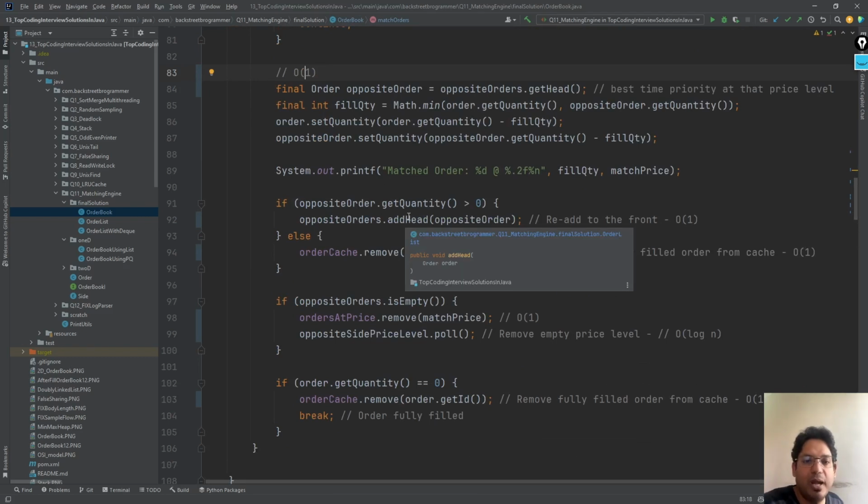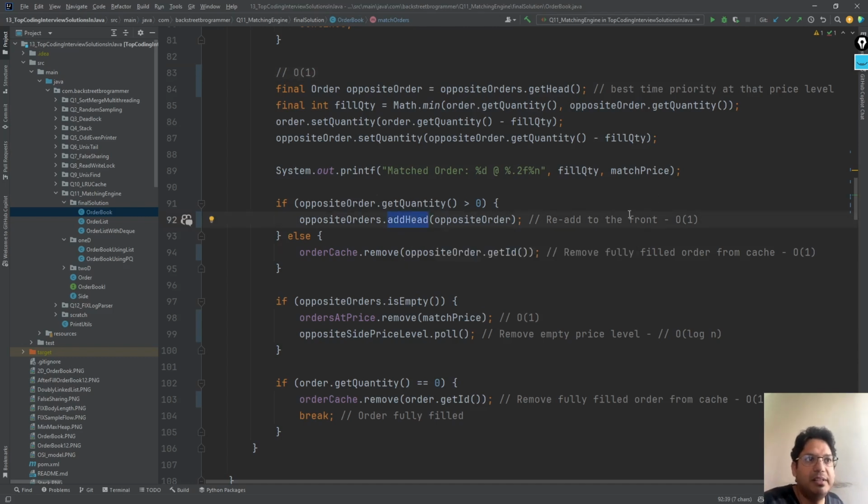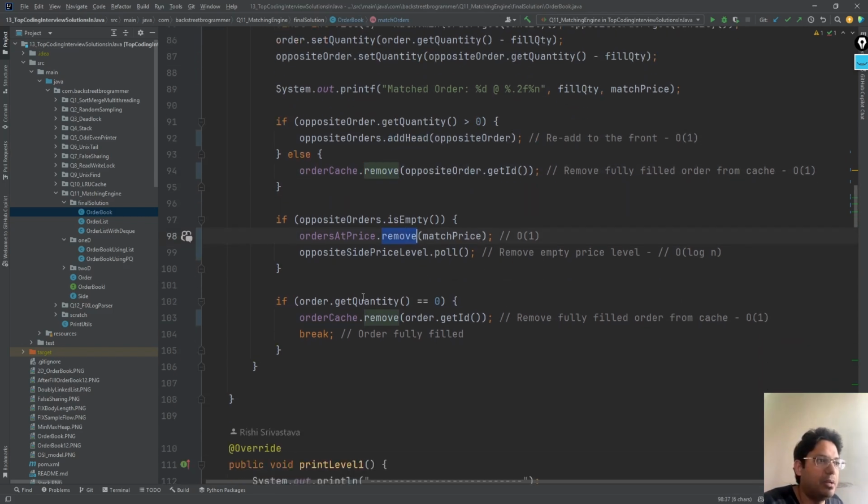And once we want to add it back to our doubly linked list for the unfilled orders, we have to just call add head, which is again O(1), which is re-adding to the front or the head of this doubly linked list. Similarly, from the map, remove is again O(1). Remove for a whole price level key value that we are maintaining, that's again O(1).